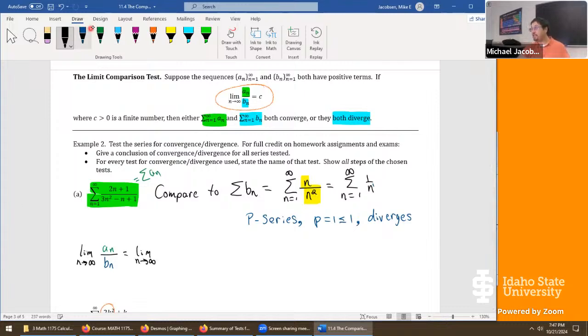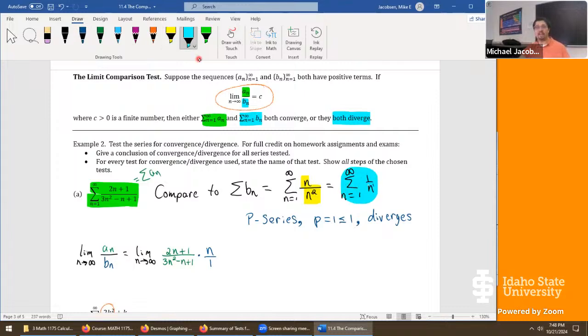So when we go to take this limit as n goes to infinity, what we don't want to get bogged down in is a whole bunch of algebra. So there's a fast way to do this. Write down your terms for An: 2n plus 1 over 3n squared minus n plus 1. We're divided by Bn, which just amounts to multiplying by the reciprocal over here. So it's going to be n over 1.